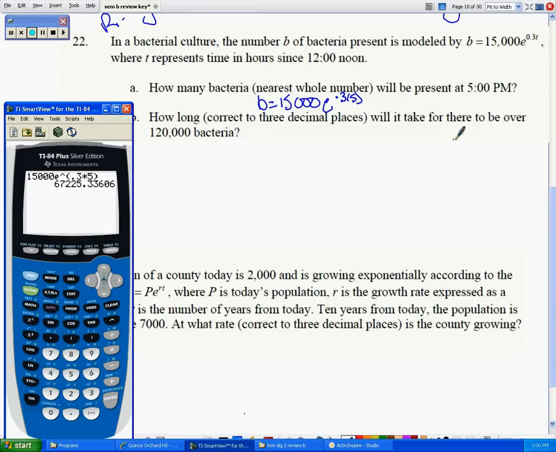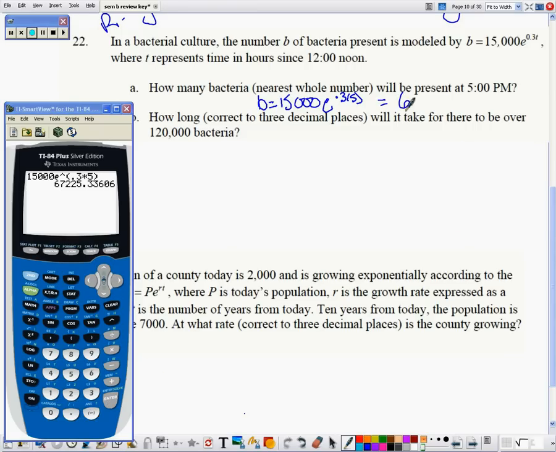And to the nearest whole number is 67,225 bacteria. 120,000. So that is B.